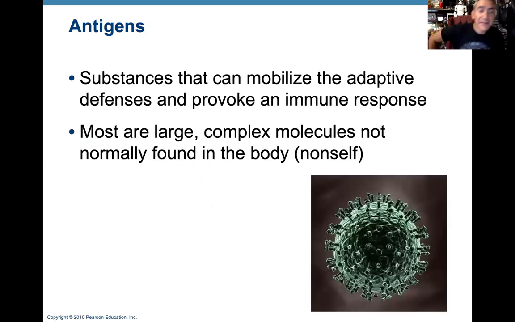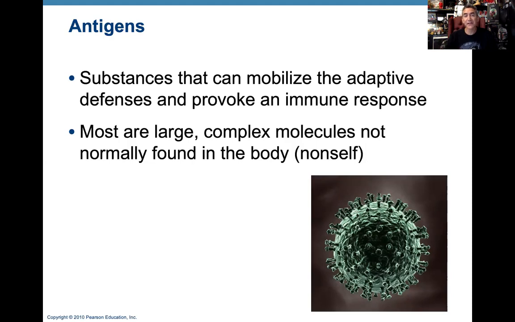Some vocabulary, right? The idea of an antigen. Antigens are substances that can mobilize the adaptive defenses and provoke an immune response. So something that can trigger that immune response and cause all that chaos, the inflammation, all that mess, to address that particular issue at the moment. If you think back to blood, we talked about antigens, the A antigen on red blood cells, the B antigens.